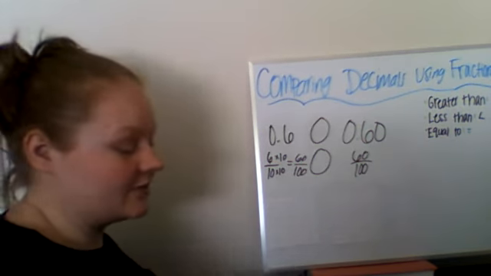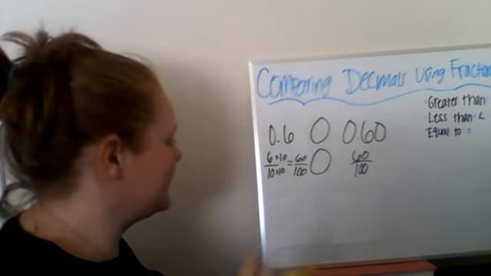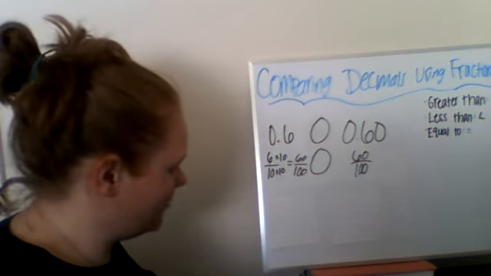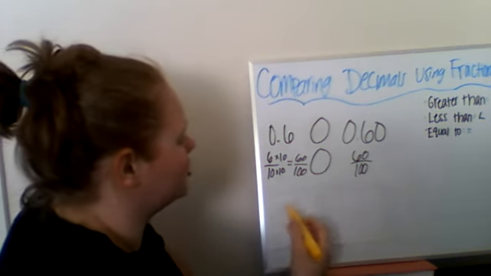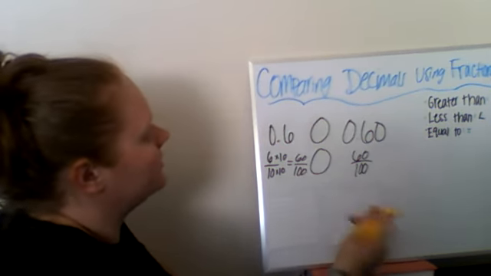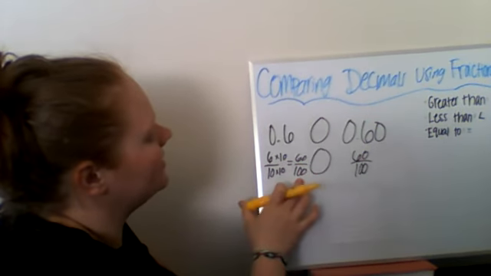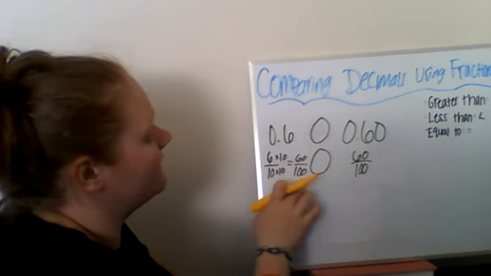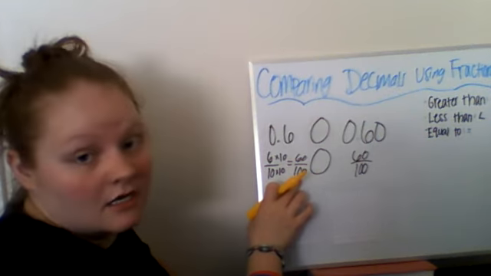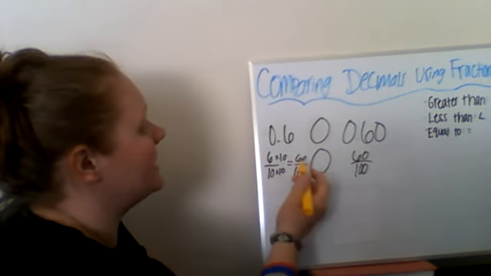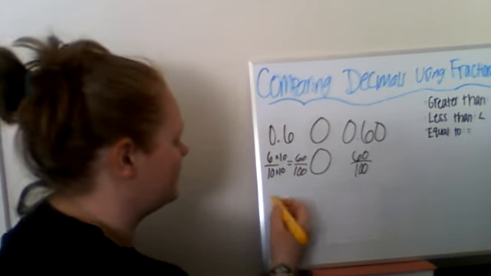So let's work this problem out. If I have 60 hundredths and 60 hundredths, when I go to fill it into my hundredths chart, I'm going to look at my 60 hundredths. This tells me there's 60 groups of 100 colored in. That just means I'm going to shade in 6 columns.